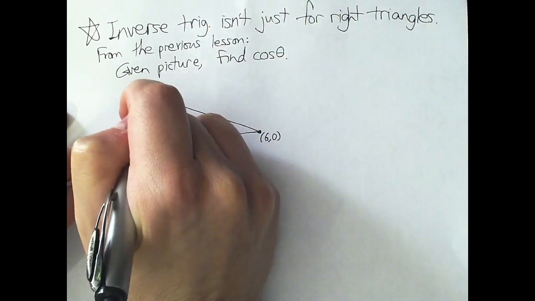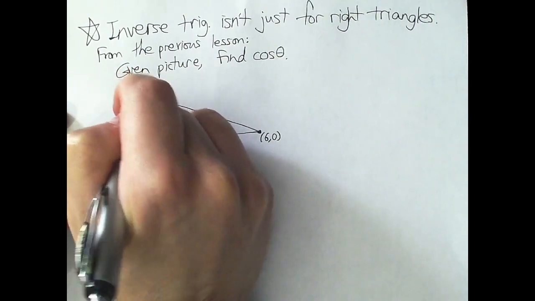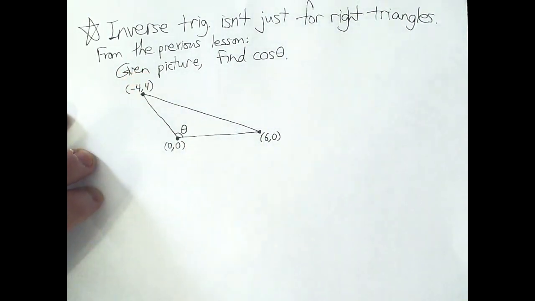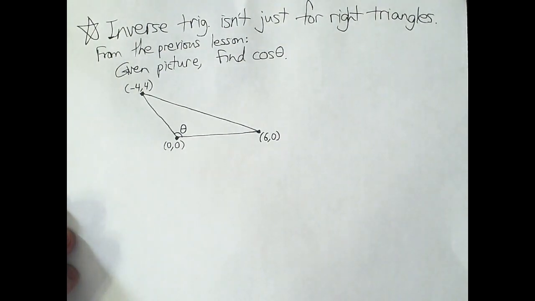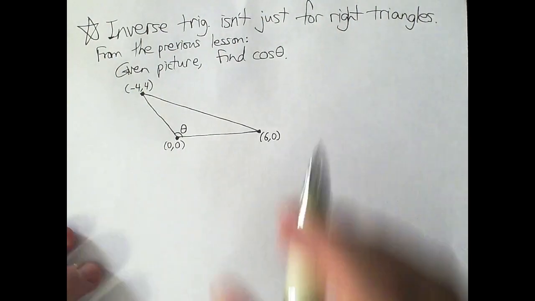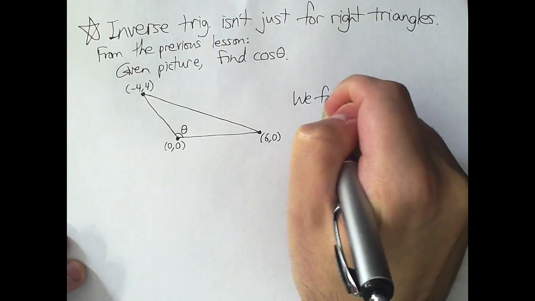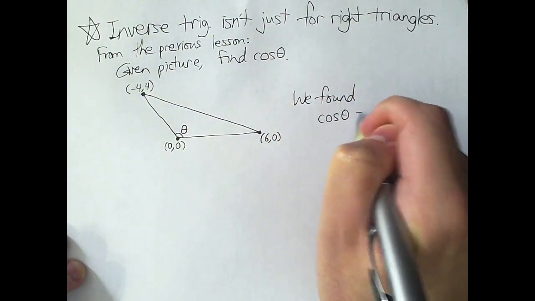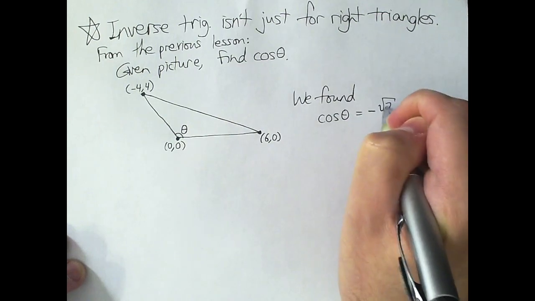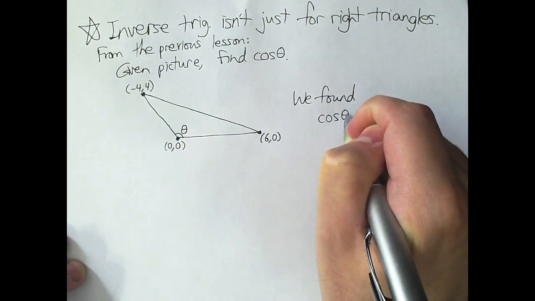I think it was the only one we had that was this type of problem. So it's not a right triangle because I don't see any right angles in this. I don't see any way that there could be a right angle in this picture. And we found in that lesson, cosine of theta was negative square root of 2 over 2. Okay?